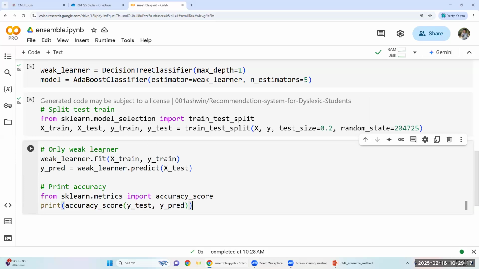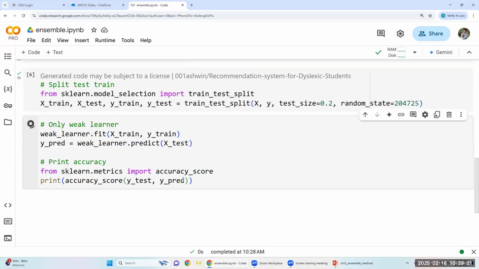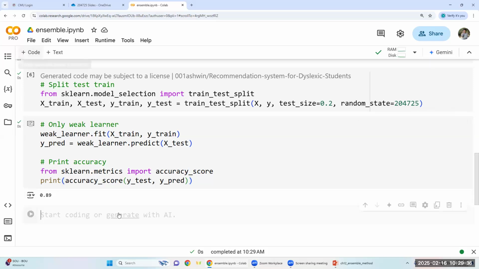Okay. So if we only use the weak learner, we have 98% accuracy. So that is just one learner. Now we want to try multiple weak learners via the ensemble method.